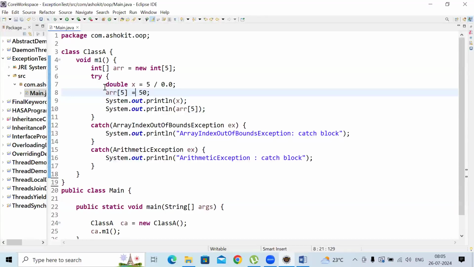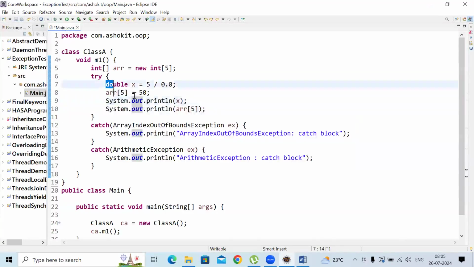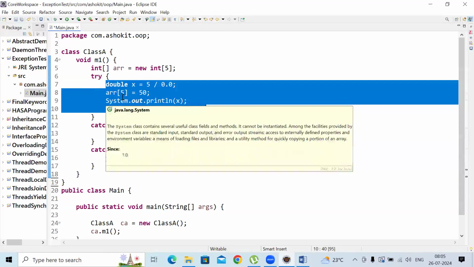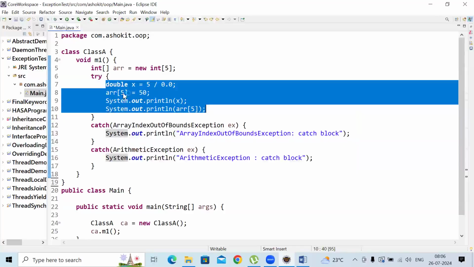Actually, you don't write code like this. You write some other logic here, maybe code for transferring money from account 1 to account 2. I'm writing Java logic for example, not like double x and an array of 5. This is just for explanation.